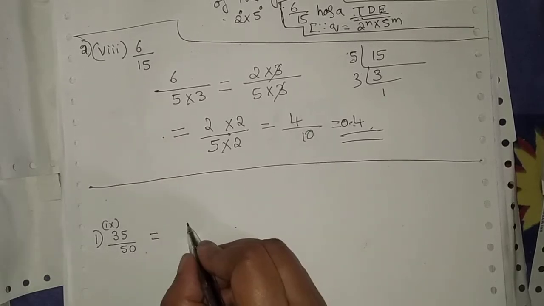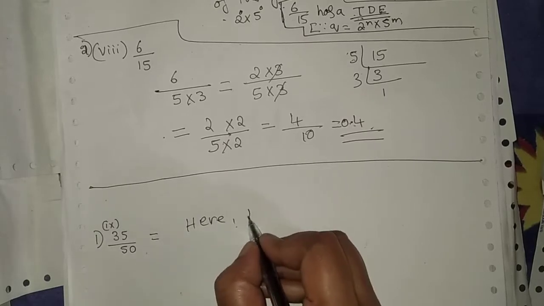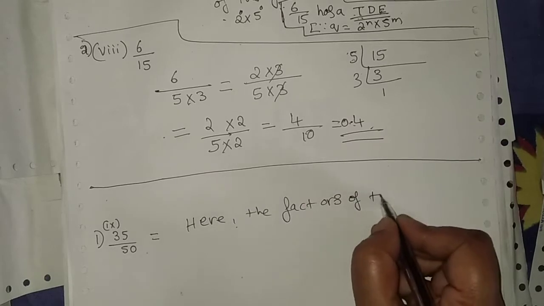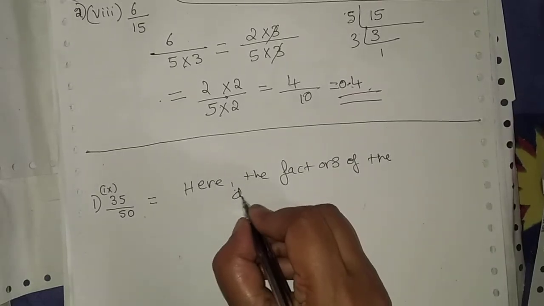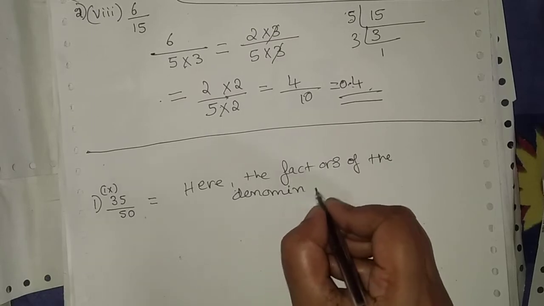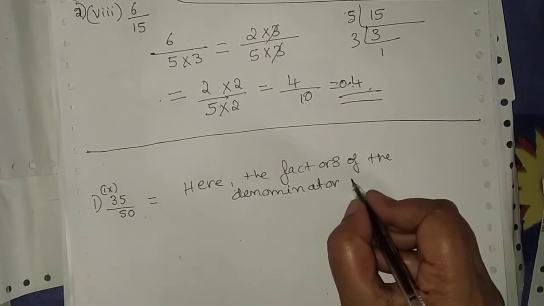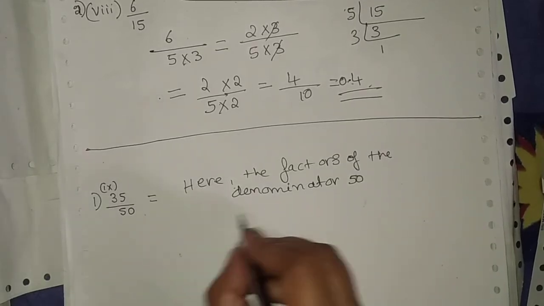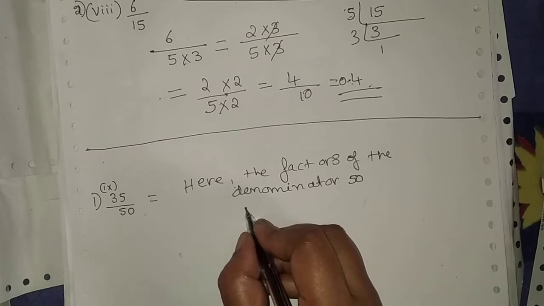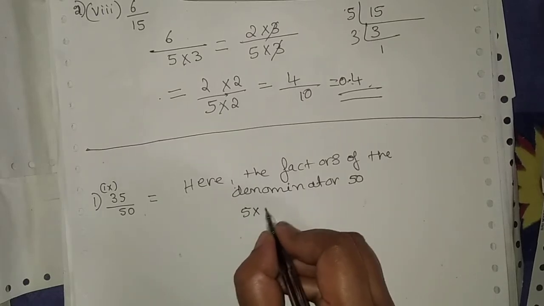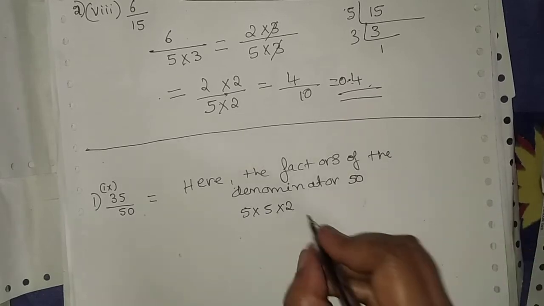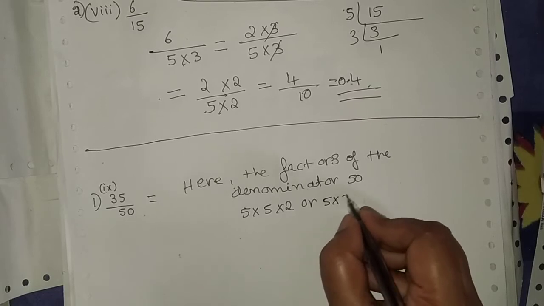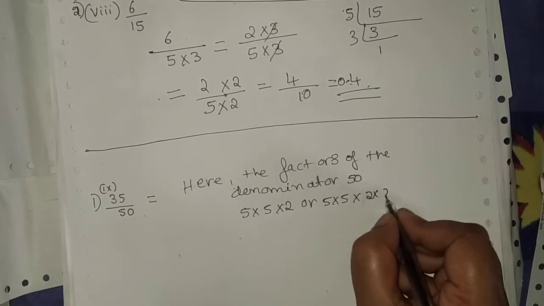Here I will write the factors of the denominator. 50 is 5 square into 2, or 5 into 5 into 2, or we can also write 5 into 5 into 2 into 2.